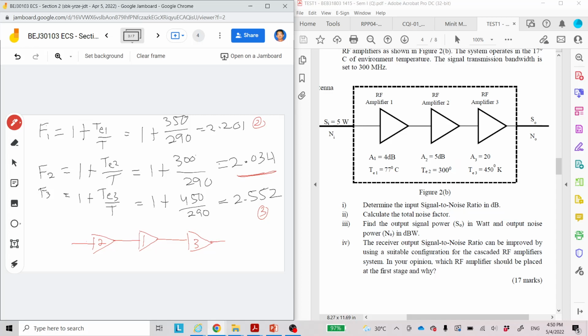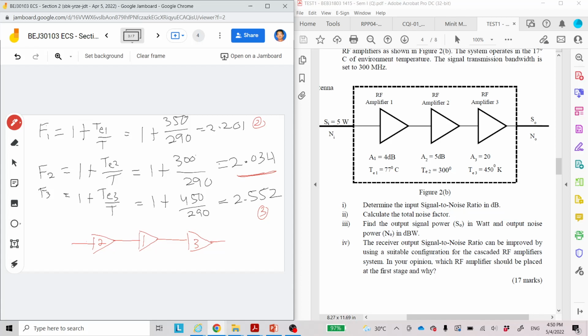So why did I choose this? I choose this because we need to put the first stage of the amplifier to be the amplifier that has the least noise factor, followed by the amplifier with the second least noise factor, and then the last one will be the highest noise factor.